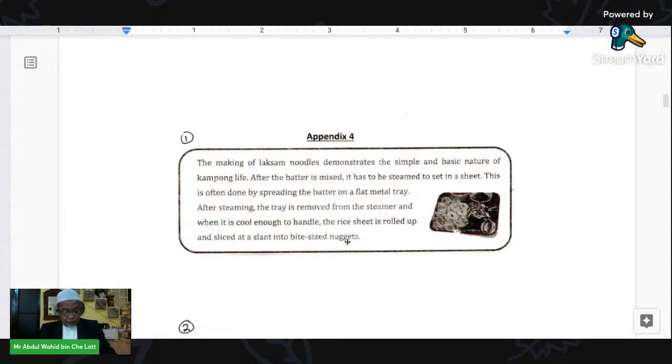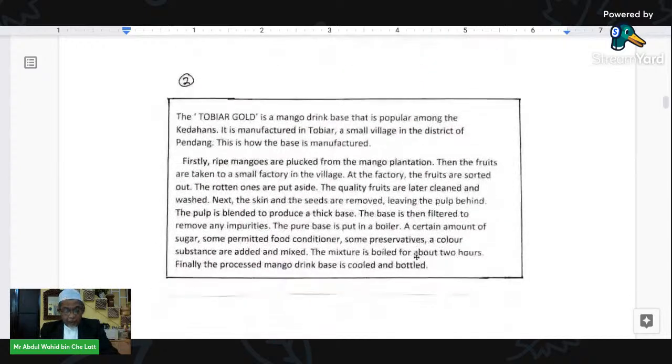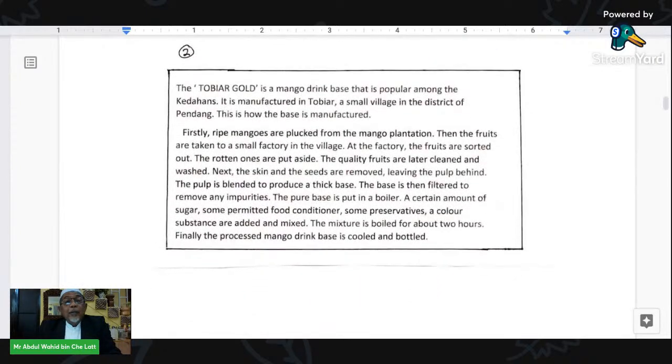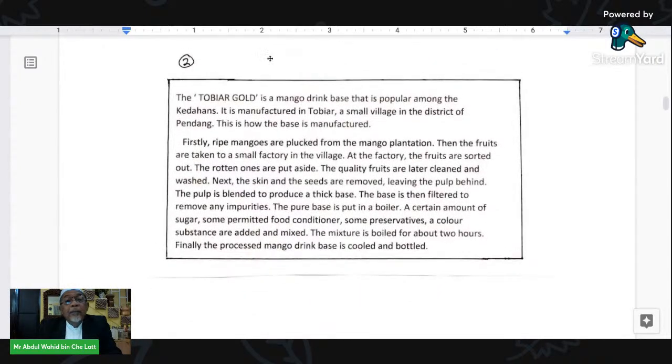Okay, text 2. The Tobia Gold is a mango drink base that is popular among the Kedahan. It is manufactured in Tobia, a small village in the district of Kendang. This is how the base is manufactured. Firstly, ripe mangoes are plucked.